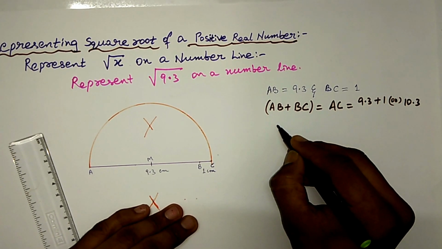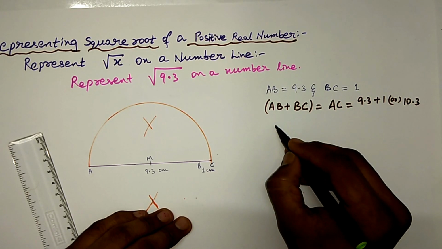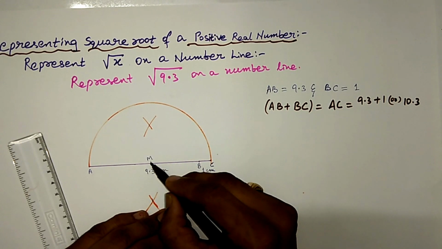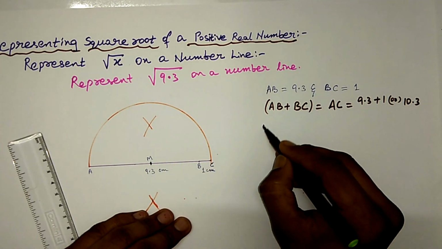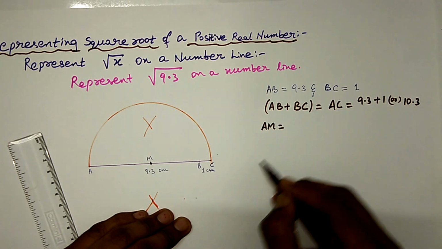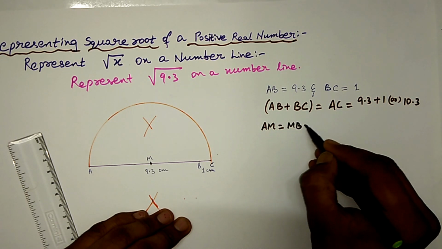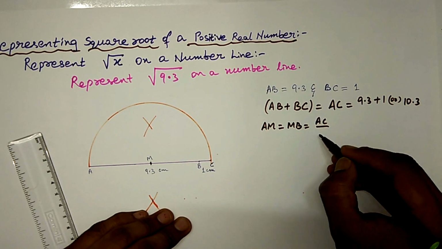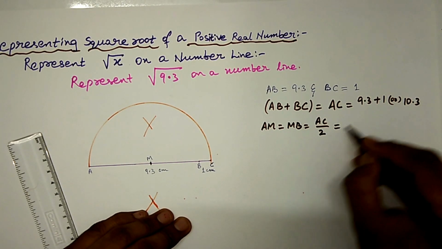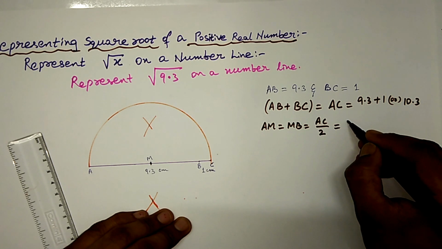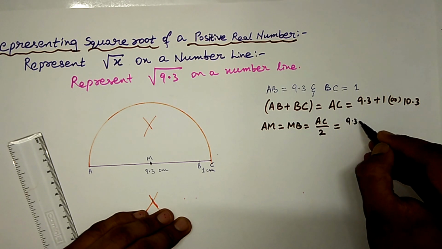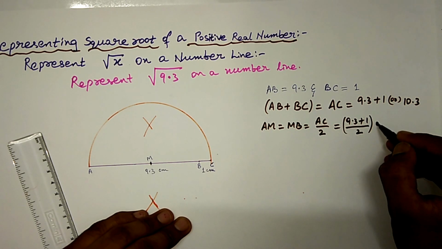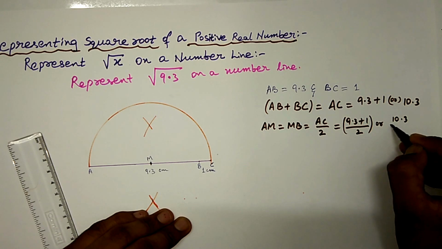Then we have divided AC into two equal parts by finding midpoint M. So AM or MC is half of AC, because M is the midpoint, and AC by 2 gives us 9.3 plus 1 by 2, or 10.3 by 2.